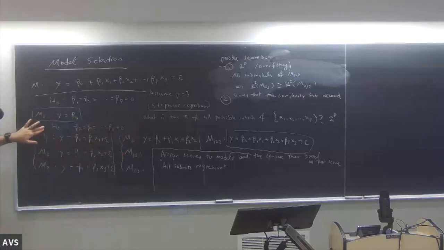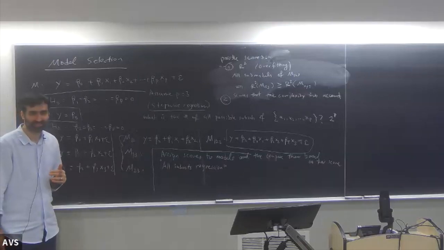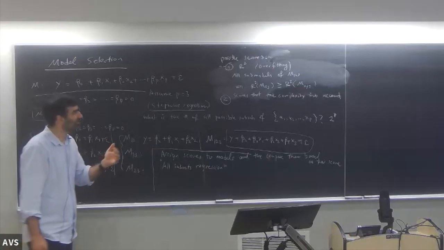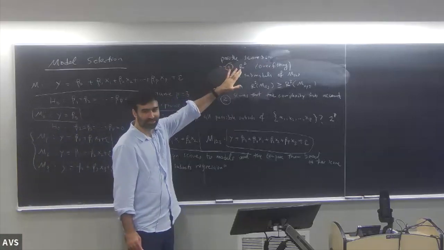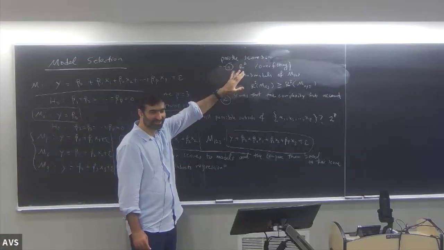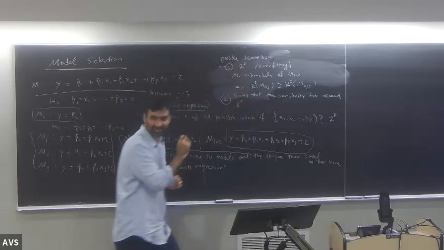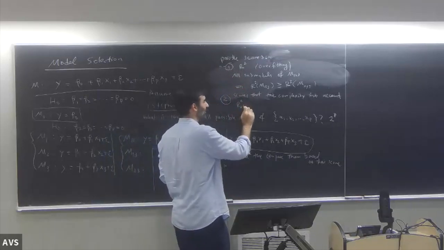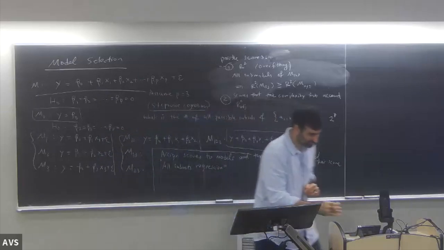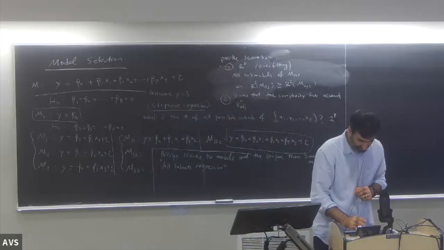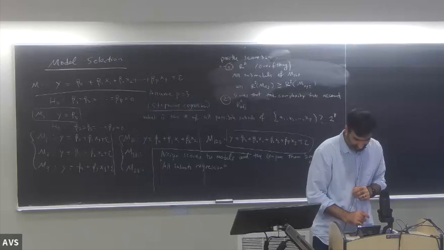The basic one is, does anyone know what the basic one is? The most basic, where I can manipulate this a little bit. Yes, adjusted R squared. So there's a tiny adjustment to R squared that I can make to avoid paying this price.